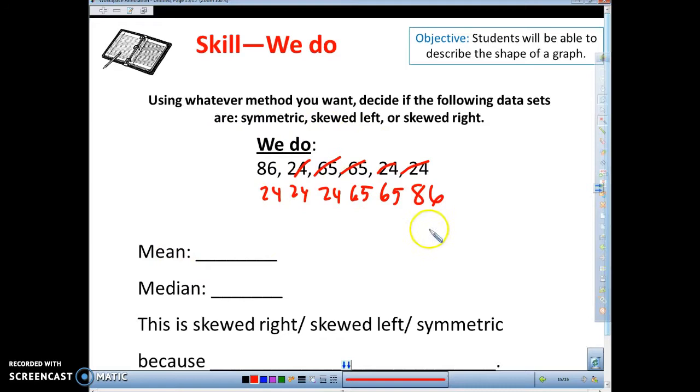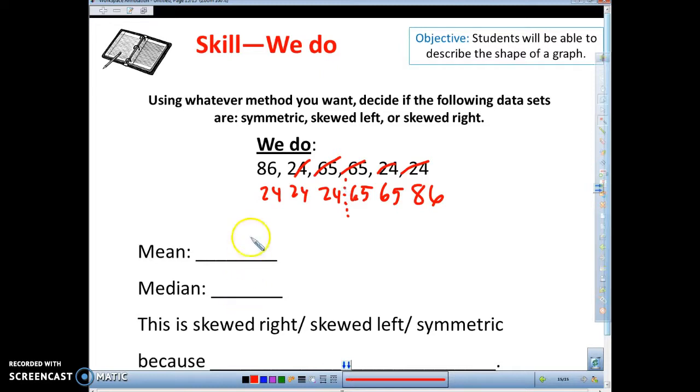My median, that is my middle number. That's going to be right here in the middle. And if we add all of these guys up, please use your calculators. 24 plus 24 plus 24 plus 65 plus 65 plus 86 is 288 divided by 6.